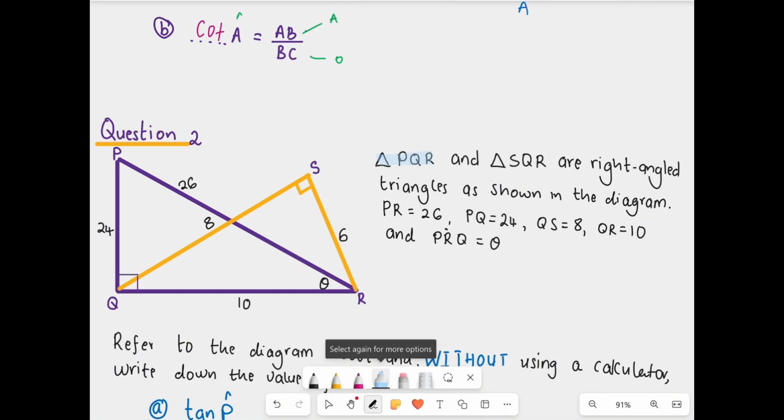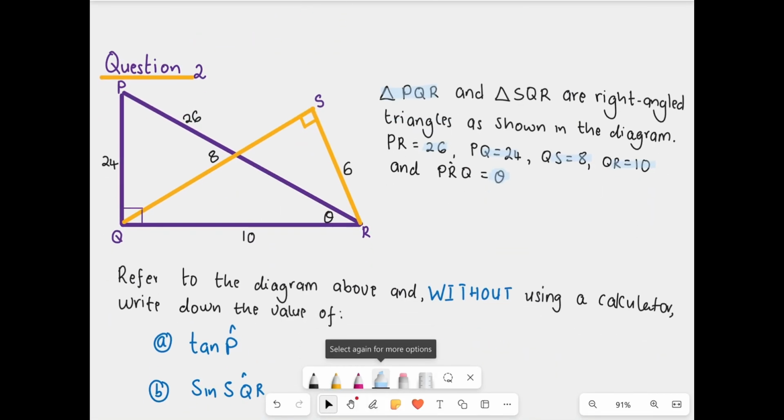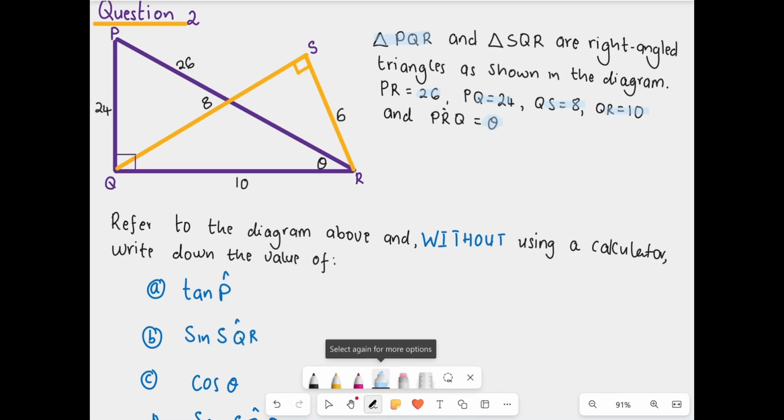We are given PR is equal to 26, PQ is equal to 24, QS is equal to 8, and QR is equal to 10. And we are given angle PRQ, which is equal to theta. Now, refer to the diagram above. Without using a calculator, write down the value of the following.